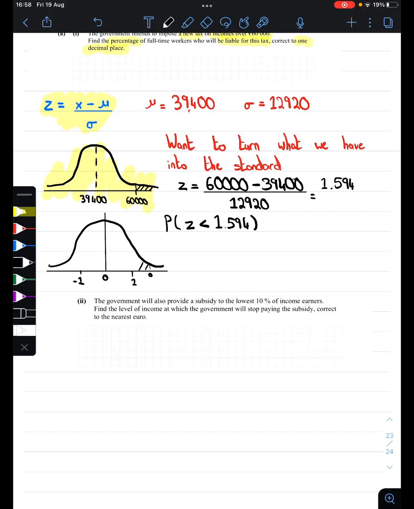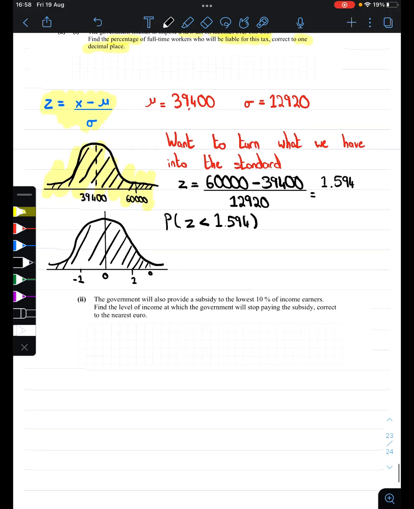So that's all these people here. Or equivalently, the percentage of people with an earnings of less than 60,000, these people here. And if we go to our log tables, so we're looking between 1.59 and 1.6, we get somewhere around 0.9445, something like that.